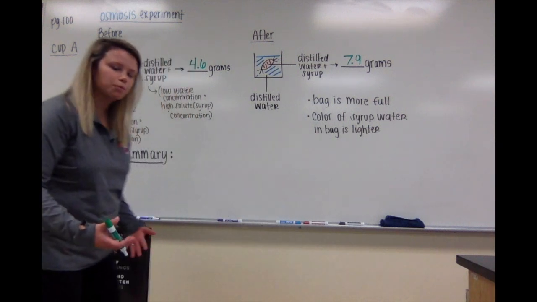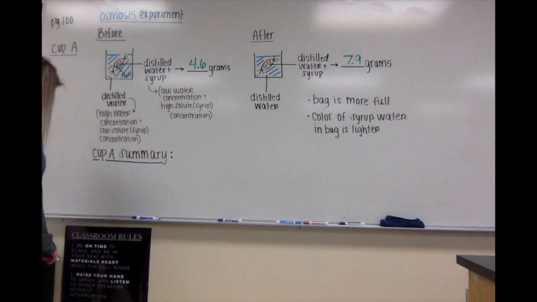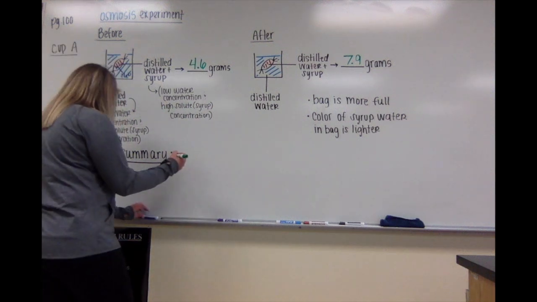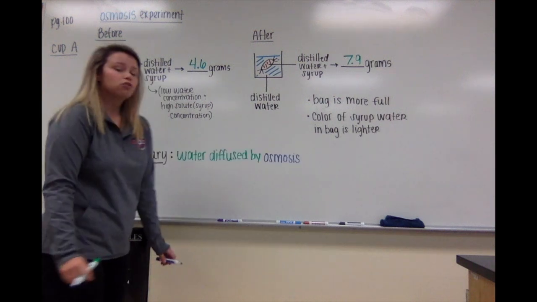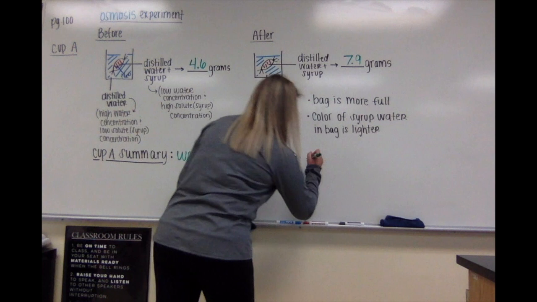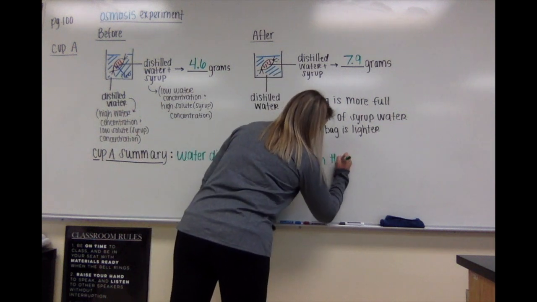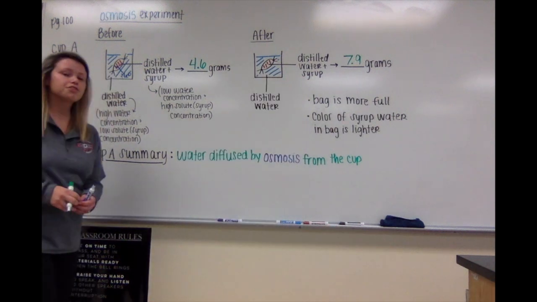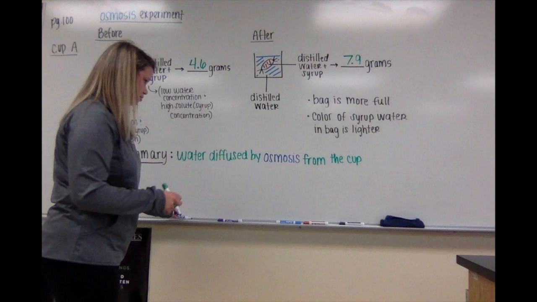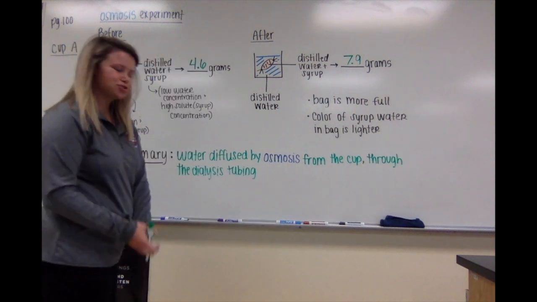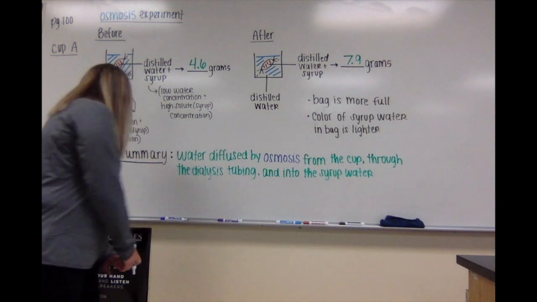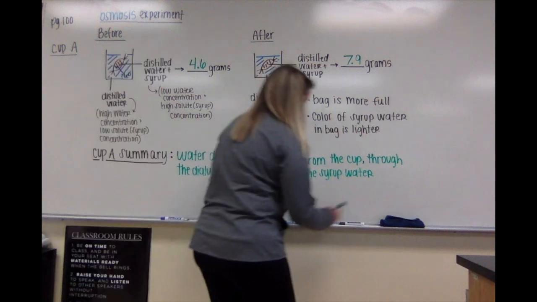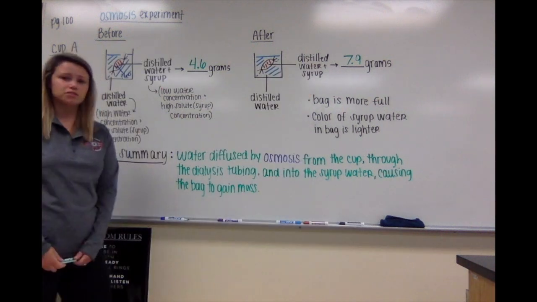So, in cup A, you should have noticed that water diffused by osmosis from the cup through the dialysis tubing and into the syrup water, causing the bag to gain mass. Go ahead and pause the video for a chance to write this all down.